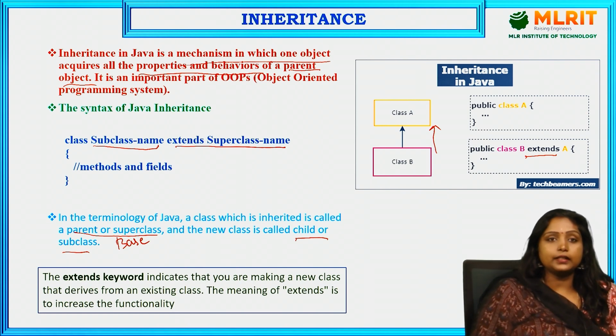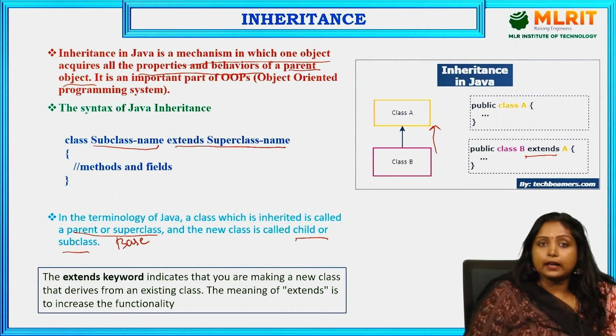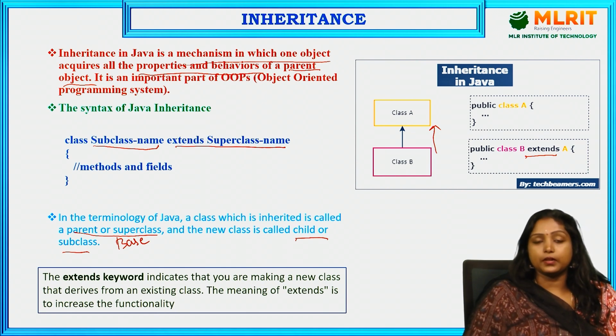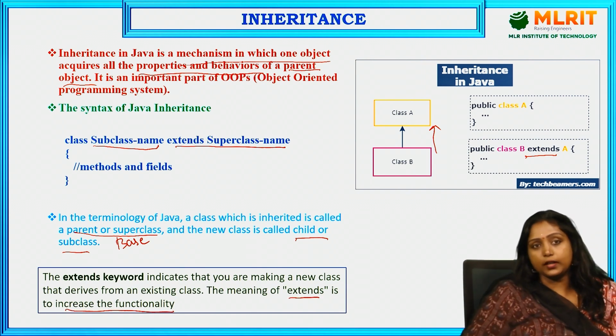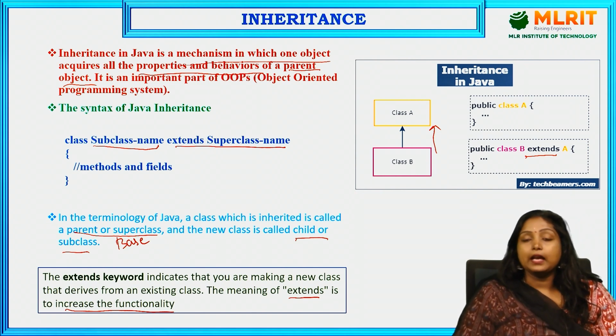Extends is a keyword that indicates you are making a new class that derives the properties from an existing class. The meaning of extends is to increase the functionality, so you are increasing the functionality by acquiring the properties or behavior from the parent class.